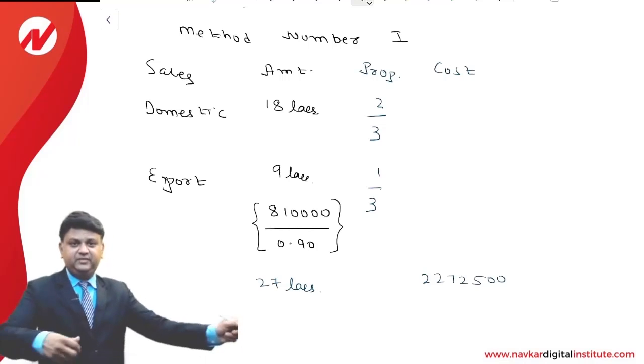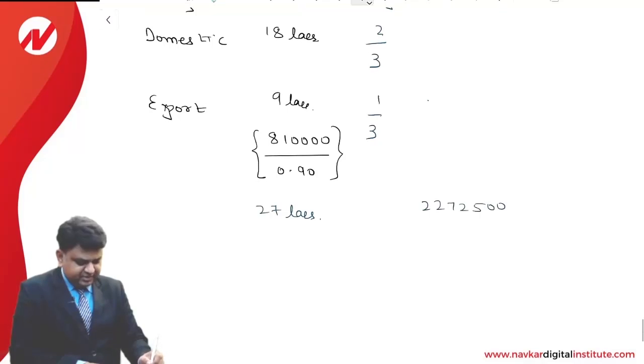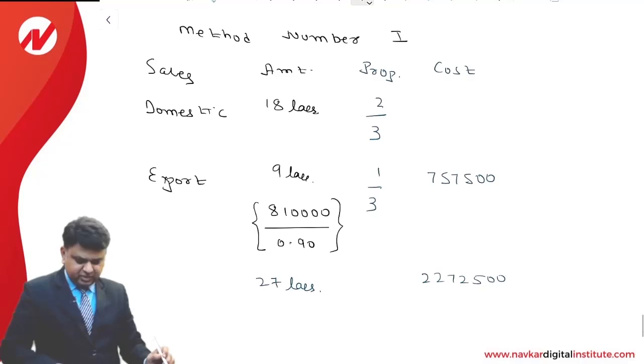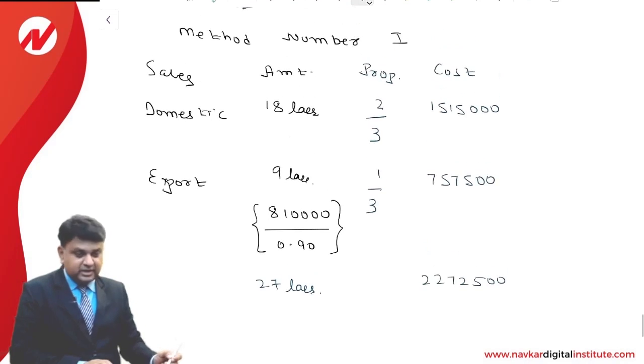That comes to 7,57,500. And the domestic sales cost is 15,15,000. Now based on this, we can compute the debtors value.